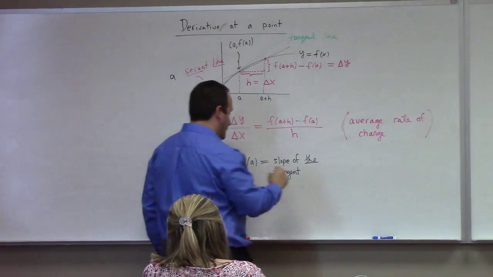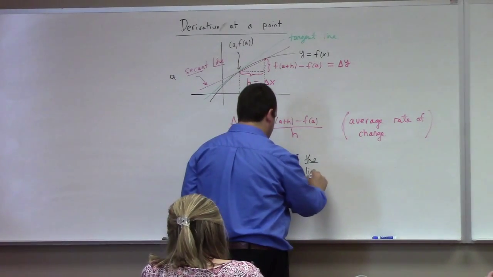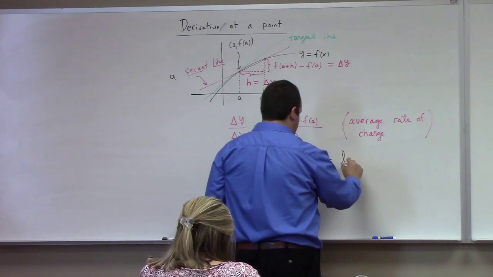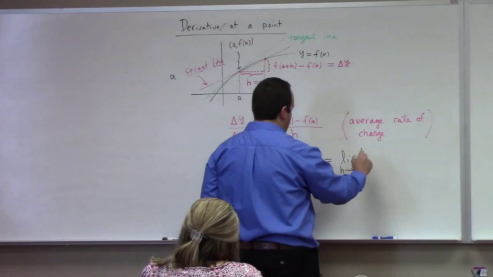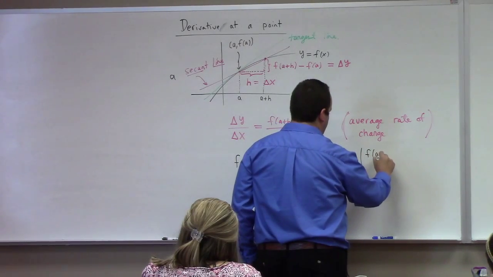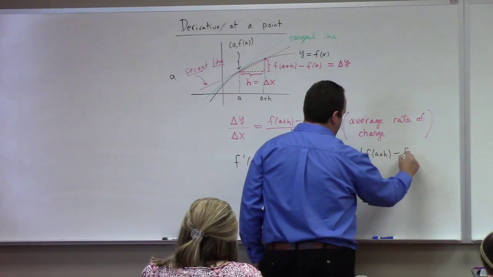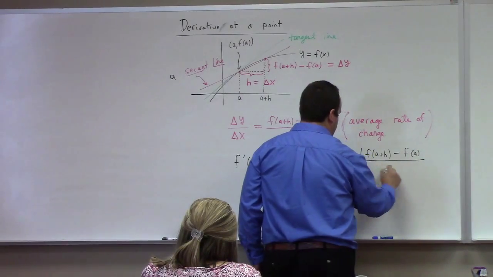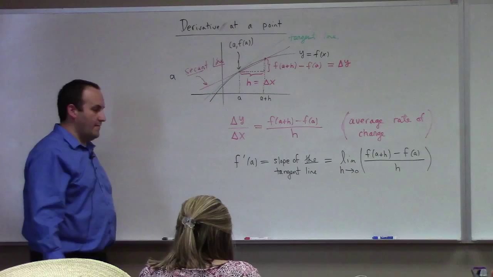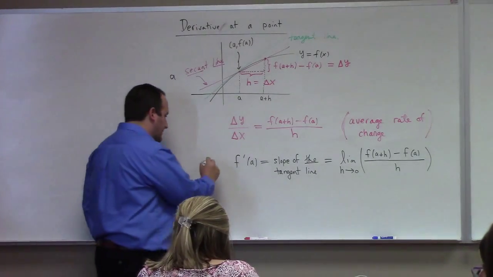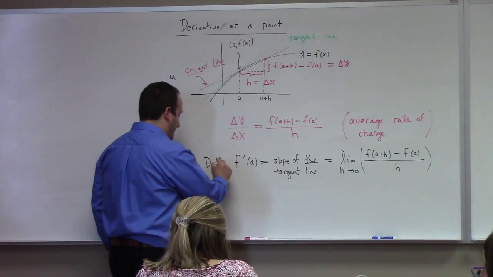There's lots of other ones. So the slope of the tangent line is equal to the limit as h goes to 0 of this difference quotient. The difference quotient is what I just wrote for the average rate of change: f of a plus h minus f of a, all divided by h. So there you go. That's the definition of the derivative at the point a.